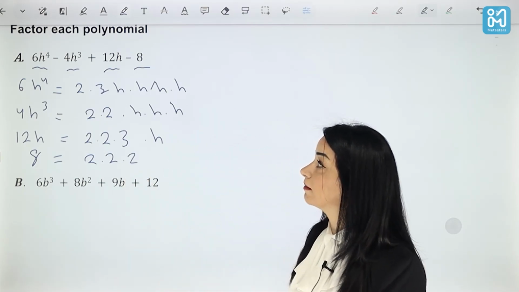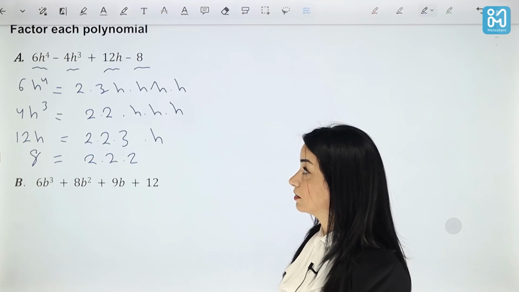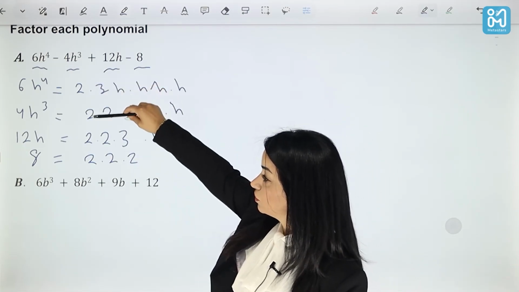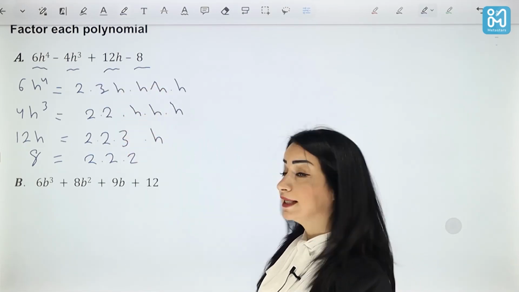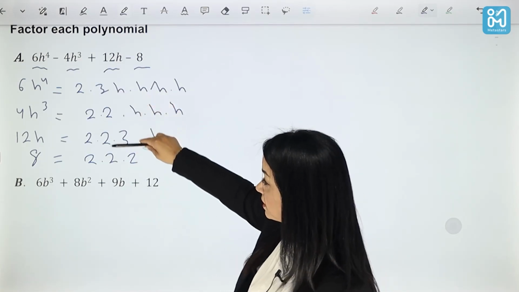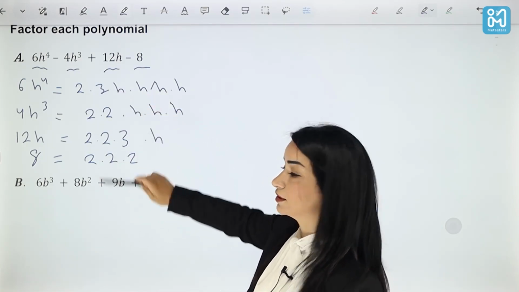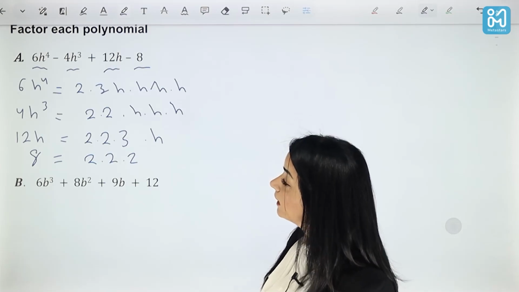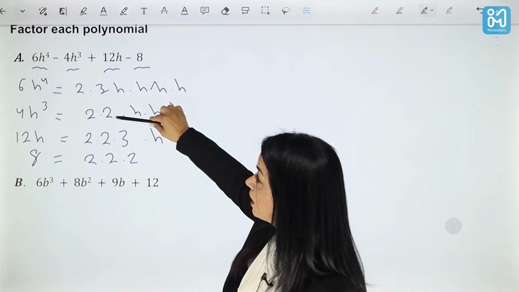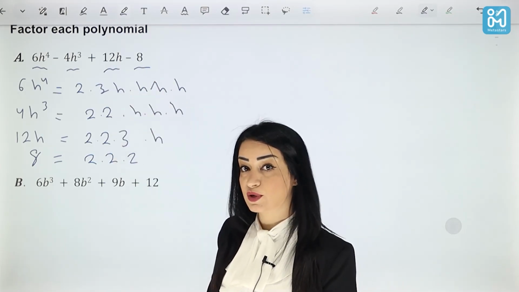So I need to take a common factor. Let's start with the constant. I have 2, 2, 2, and 2. Can I take now 3? No, because I don't have 3 here, or I don't have 3 here. So can I take another 2? Of course not, because I don't have another 2 in the first term.